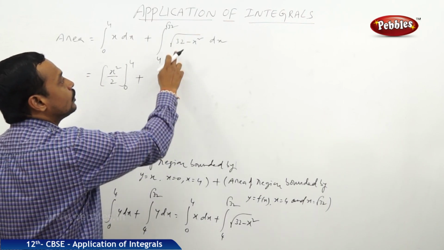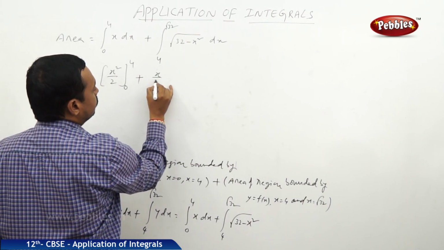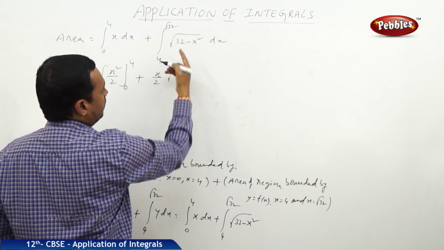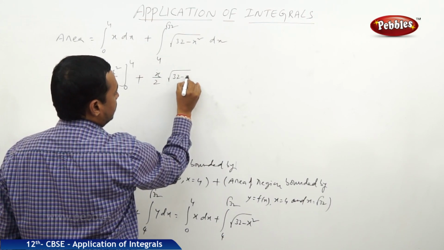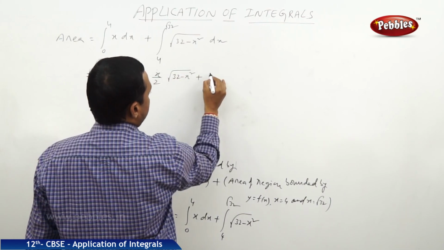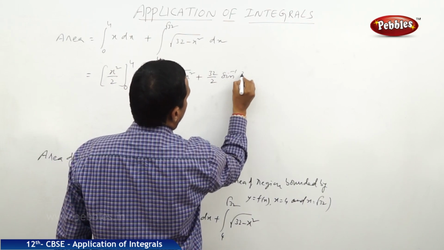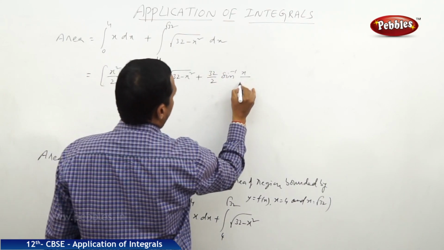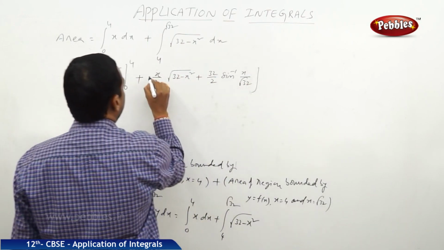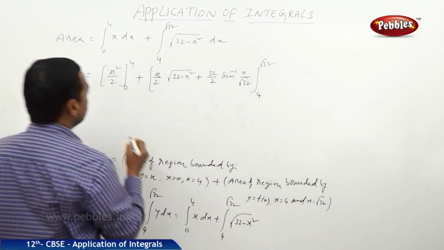What is the integral of root a square minus x square? x by 2 into root of a square minus x square, of course that is 32 minus x square, plus a square by 2, here a square is equal to 32 by 2, sin inverse x by a, where a is equal to root 32, between the limits 4 to root 32.